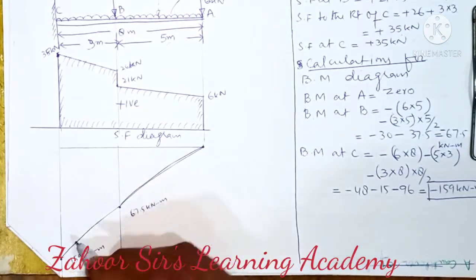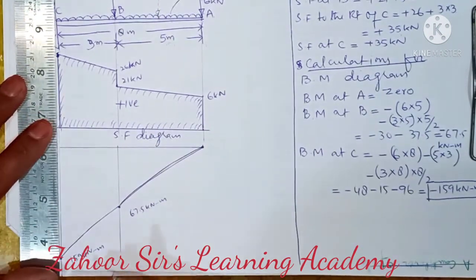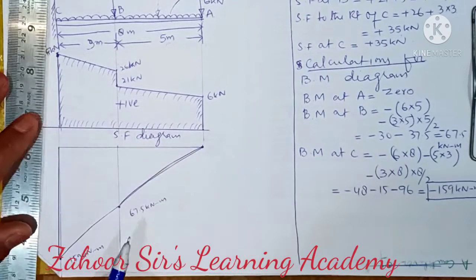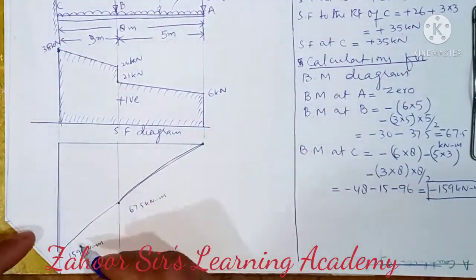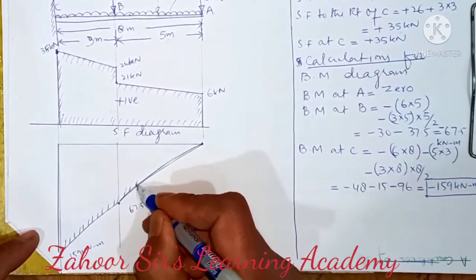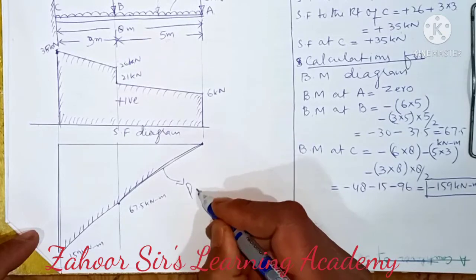Then this end needs to be closed, and we need to hatch this. These are not straight lines, my dear. This is a parabolic curve.